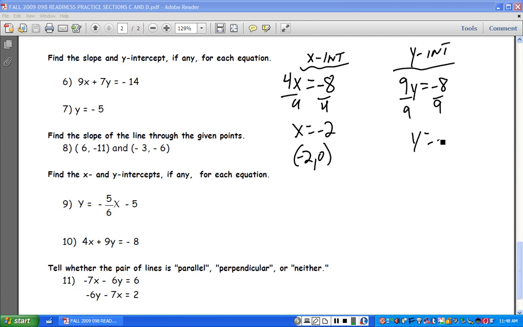Y equals a negative 8 over 9, which would be like saying 0, negative 8/9. And that would be your y-intercept. And it's fine to leave it in fractional form like this. You don't necessarily have to convert it to a decimal. Okay, so that's our x and y intercepts.